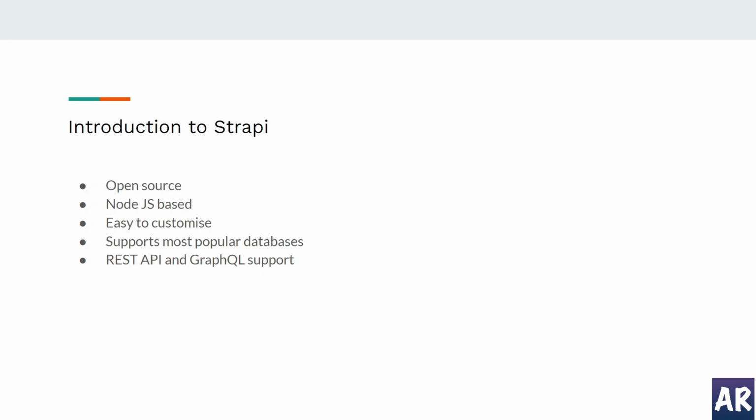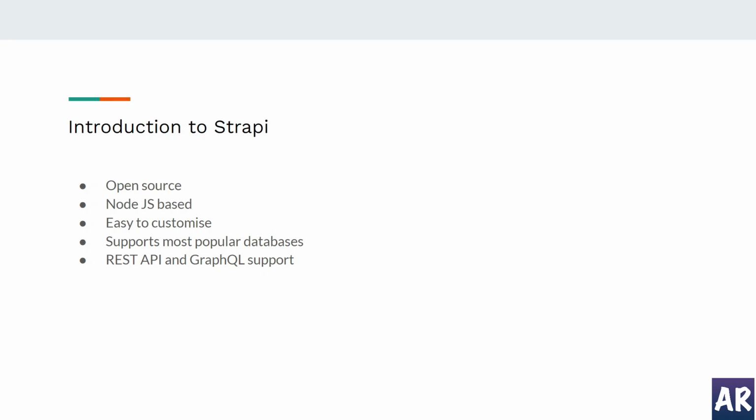One more important aspect is that Strapi supports most of the popular databases. So I can see on the official website that they support MySQL, Postgres, MongoDB, and even SQLite. So many times when I'm doing some prototyping or things like that, SQLite can be your go-to database, for example.